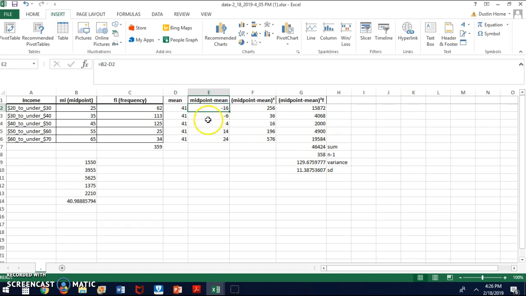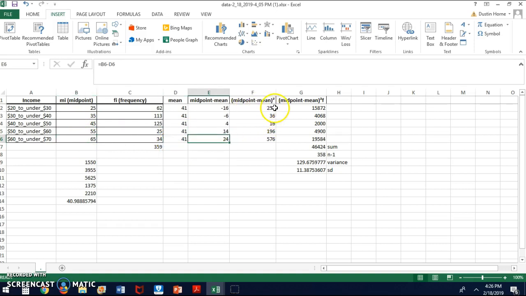So you're going to do that for each row. Take your midpoint and subtract the mean, and that's how I got negative 16. 35 minus 41 would give me negative 6. 45 minus 41 would give me 4. 55 minus 41 would give me 14. 65 minus 41 would give me 24.